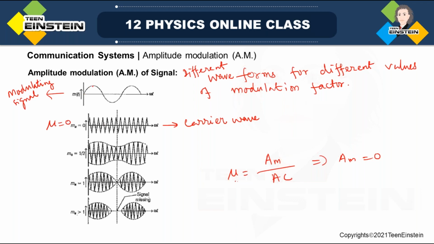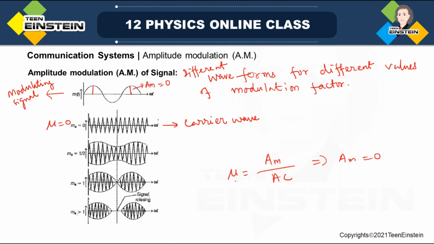That means the amplitude, this is AM, this is 0. When mu is 0, this amplitude is 0. That means the modulated wave will have only the carrier. So you will get this kind of variation of the modulated wave.